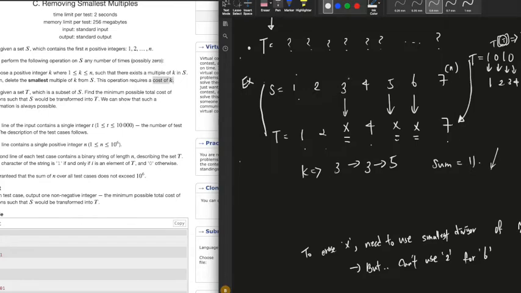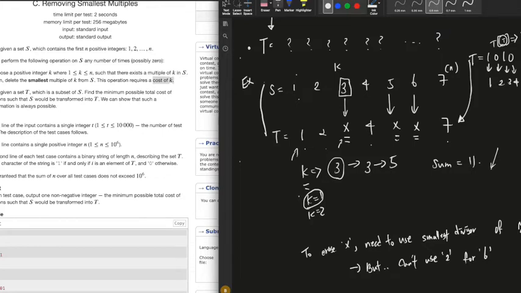So for number 3, it's necessary to find k to erase 3. So k can be 3, right? It's the only number for number 3. We can think about k equal to 1 and k equal to 2. When k is equal to 1, then only 1 will be erased, not 3, right?